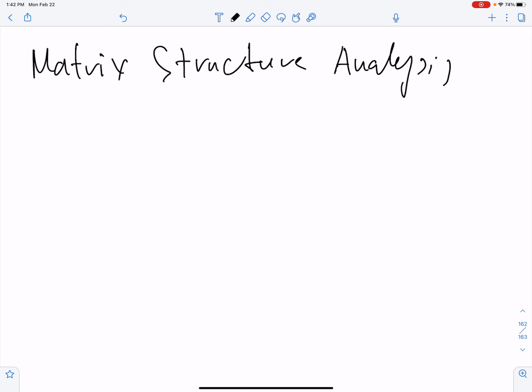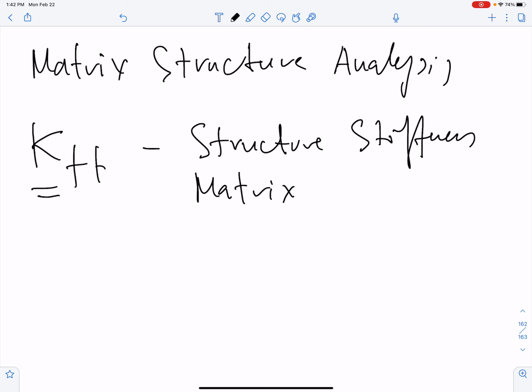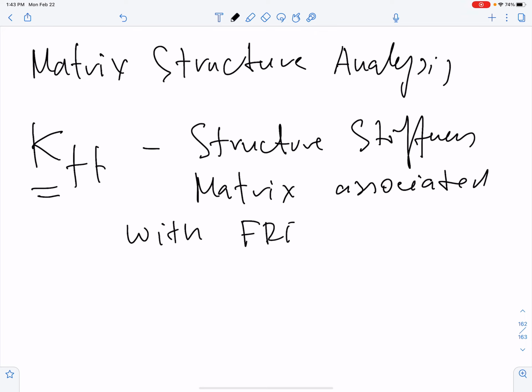Okay, and during the last lecture, we have been able to isolate KFF, which is the structure stiffness matrix, but specifically associated with free DOFs. That's the key word here, DOFs.